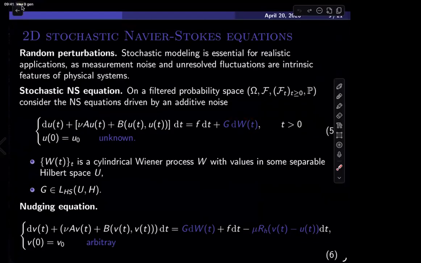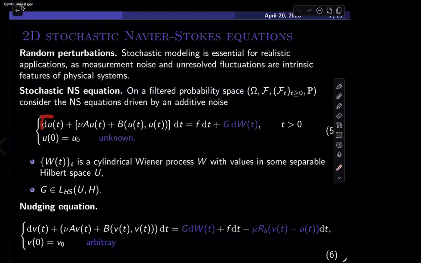And this is what we consider. So we introduce a probability space, and on this we consider a stochastic perturbation, which is of this form here. So W is a cylindrical Wiener process with values in some separable Hilbert space U, and G is an operator which is Hilbert-Schmidt from the space U, where the noise lives, to the space H, where the solution is.